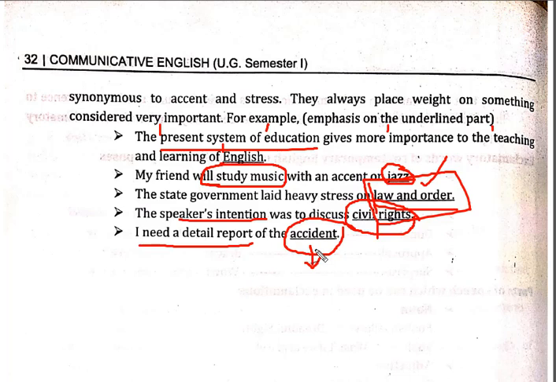Because in our oral communication, in communicative English, in our day-to-day life, when you are going to talk to other people, you have to put stress on some words, you have to put some exclamatory marks on words, so that the people who are going to listen to you will get you properly. They will get the good meaning of the words which you are going to share with them.